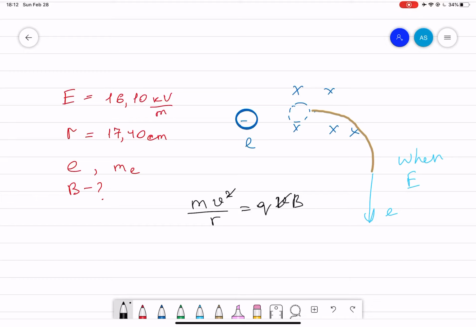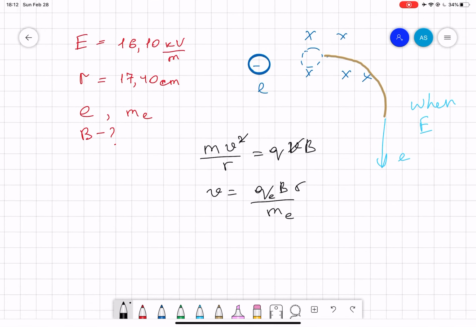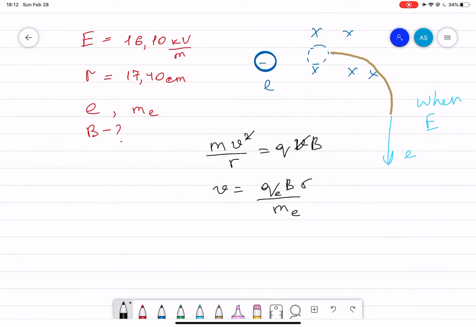That means we can say v is equal to qB over m times r. Here m is the mass of the electron and q is the charge of the electron. This is the first case, when there's no electric field.